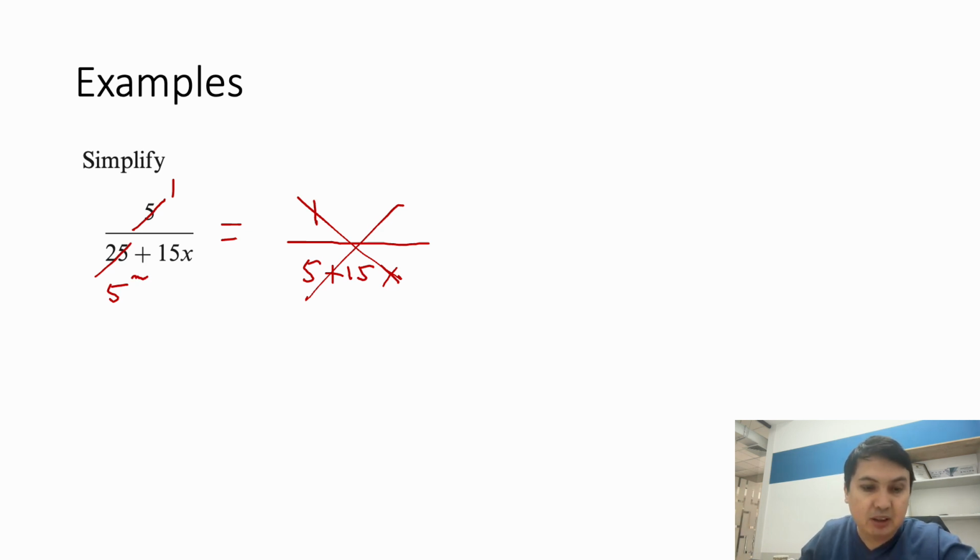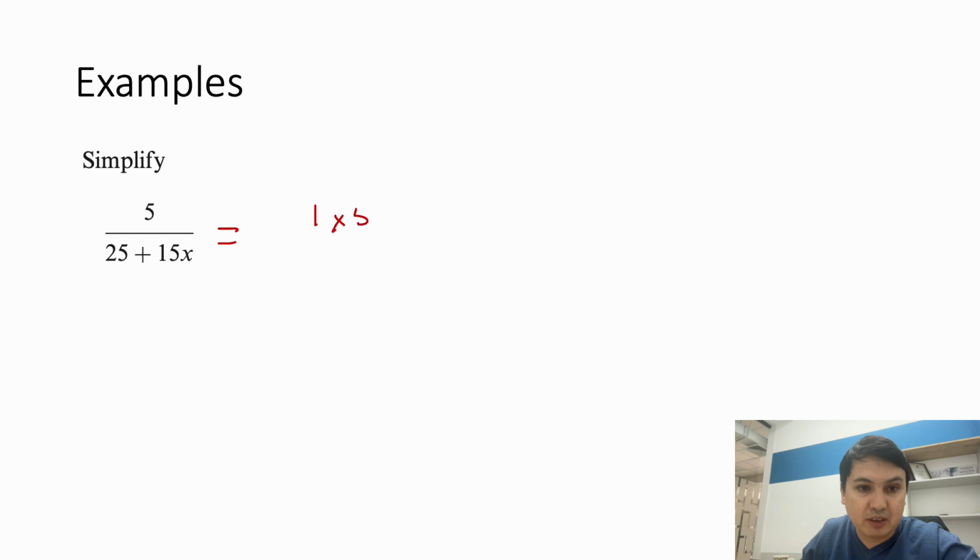So what do I mean here? Again, let's do 1 times 5. In order to cancel 5, I should be able to write 5 times some expression in brackets. Indeed, 25 has a factor 5, 15 has a factor 5, so I can factor out 5, right?